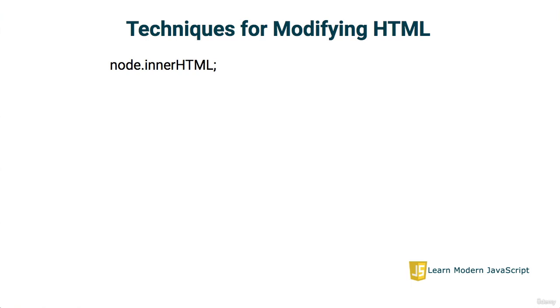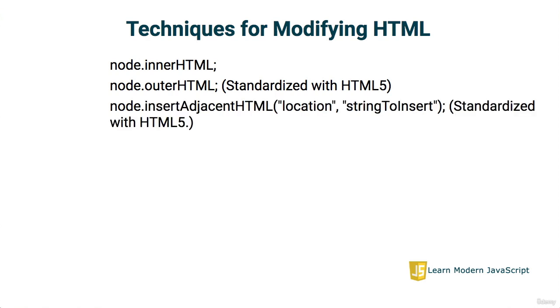So that's innerHTML. outerHTML, which was standardized with HTML5, is very similar to innerHTML. The main difference is it includes those outer tags. And then finally we have insertAdjacentHTML. This method, which is associated with each node, allows you to insert at certain locations inside that node.